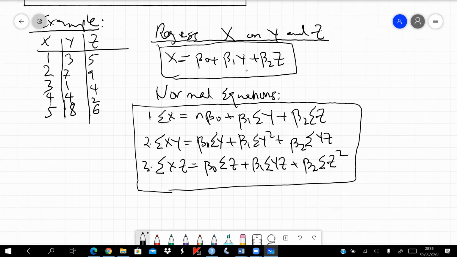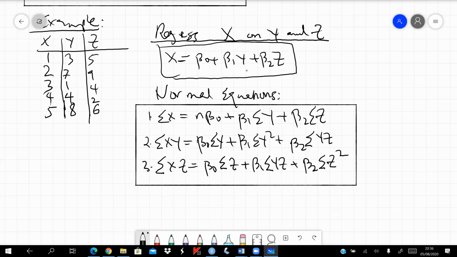Because I just need a few summations here and there. So maybe you can quickly do this. The first normal equation, I need summation of X. This will be how much? 15. Is it 15? That's 15.